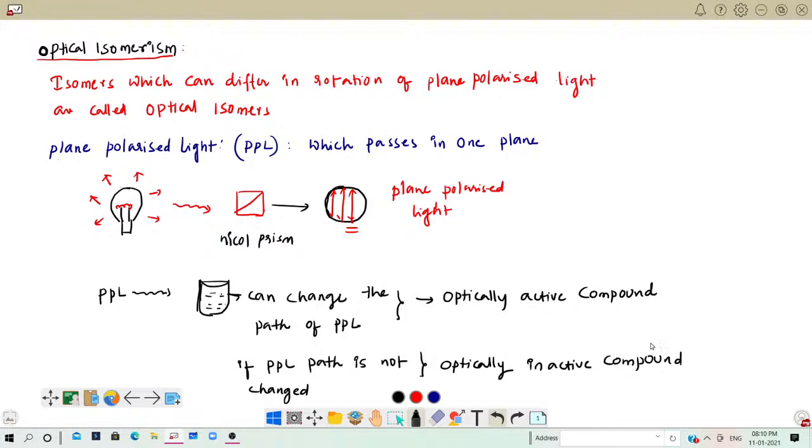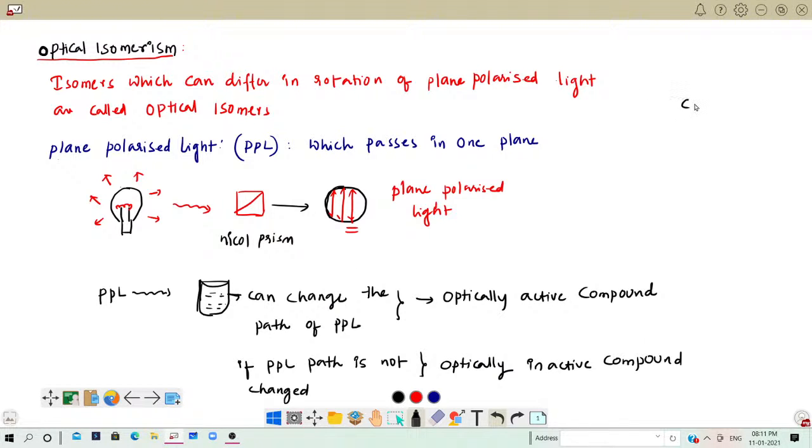So on this experiment, compounds are classified into how many types? 2 types. What are those? Optically active compounds and optically inactive compounds.